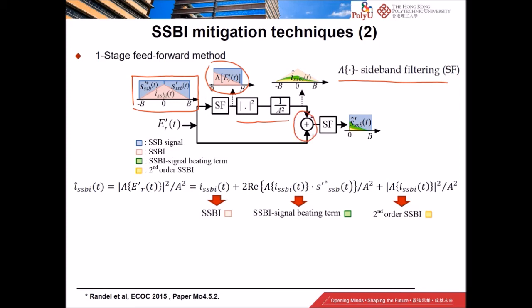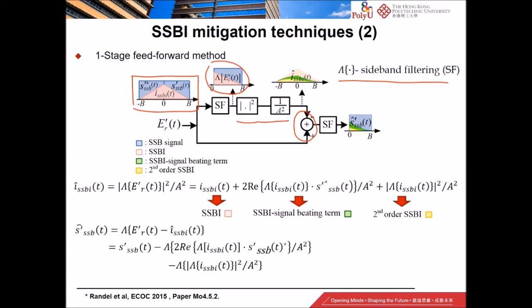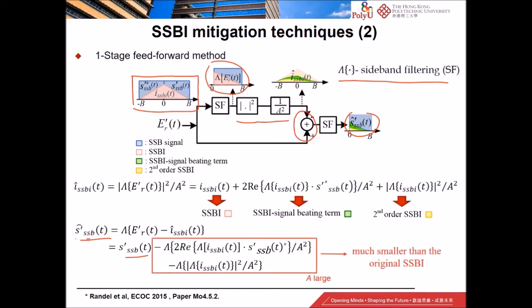Then you do a sideband filter again, and in principle, this is how you can eliminate the original SSBI. So at the end, what you get here will be the original signal minus two other terms, but these two other terms are much smaller than the original SSBI, as long as the carrier amplitude is large.